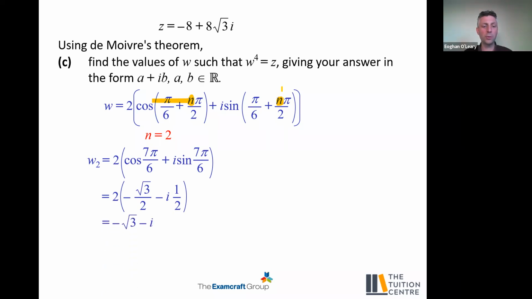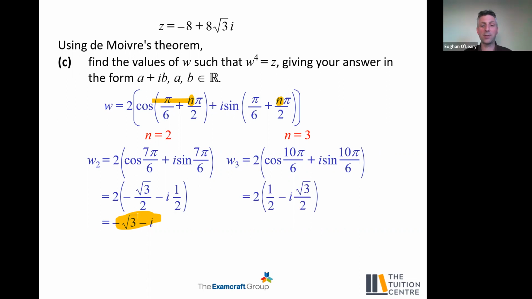We multiply 2 through and we get minus the square root of 3 minus I. And then when n equals 3, we end up with 2 times cos 10 pi over 6 plus I sine of 10 pi over 6. 2 times a half minus I times root 3 over 2. 1 minus I times root 3.